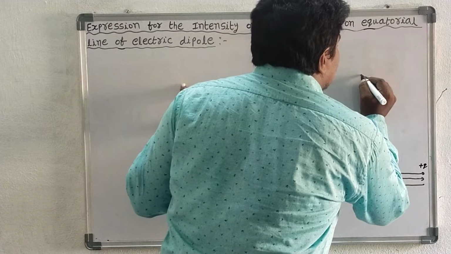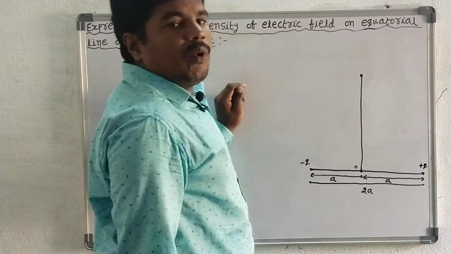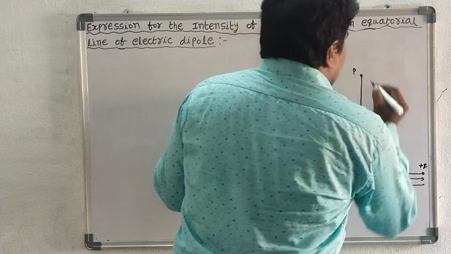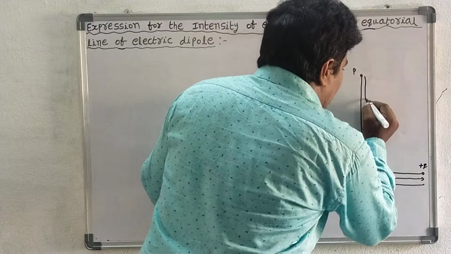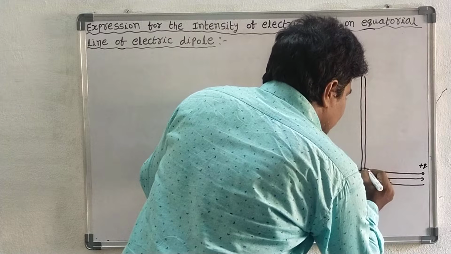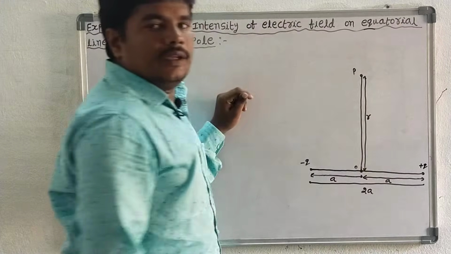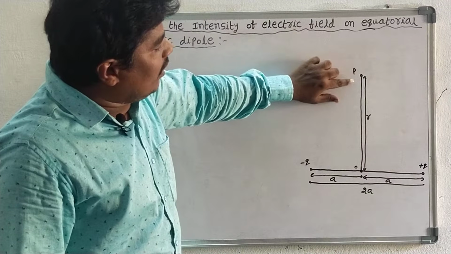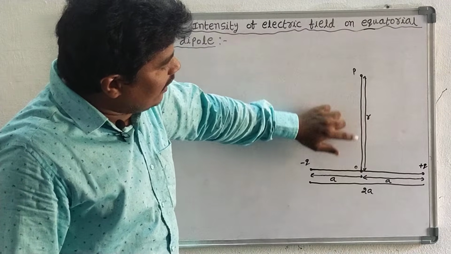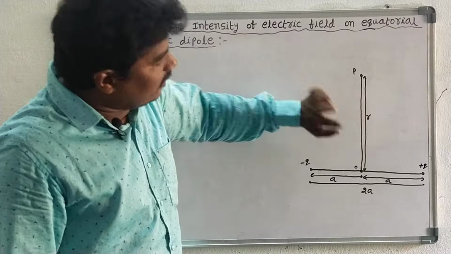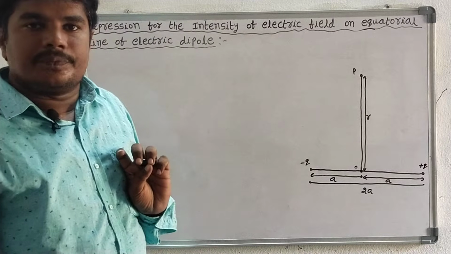On this equatorial line, we take a point P at a distance small r from the midpoint.